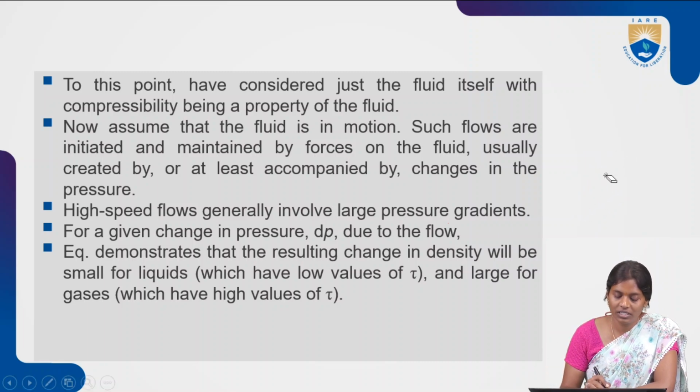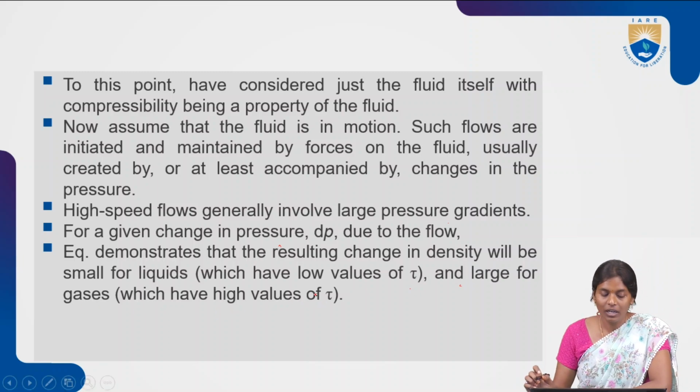So for a given change in delta P due to the flow, the equation we have demonstrated shows that the change in density will be smaller for liquids, which have lower values of tau, and larger for gases, where tau has higher values.